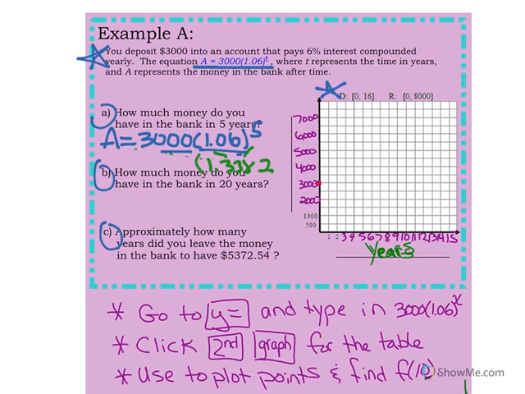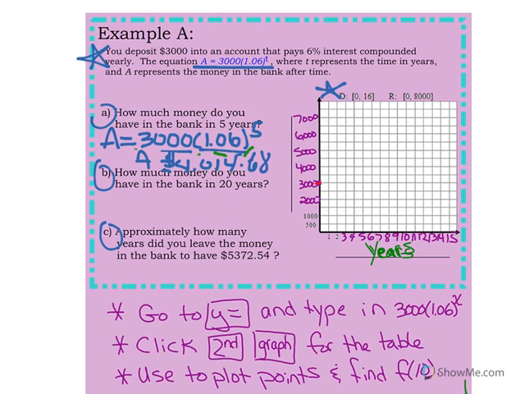We would then multiply that by the 3,000, and we get back to the same answer of $4,014.68. So no matter how you go about it, typing it right in or using order of operations, you will get to the same answer. Now let's just clean that up. Our final answer was 4,014.68.